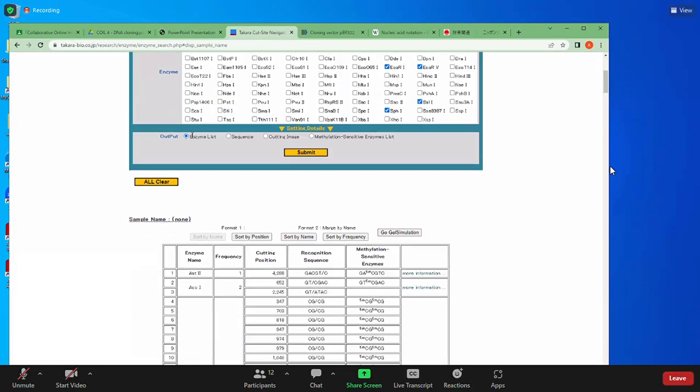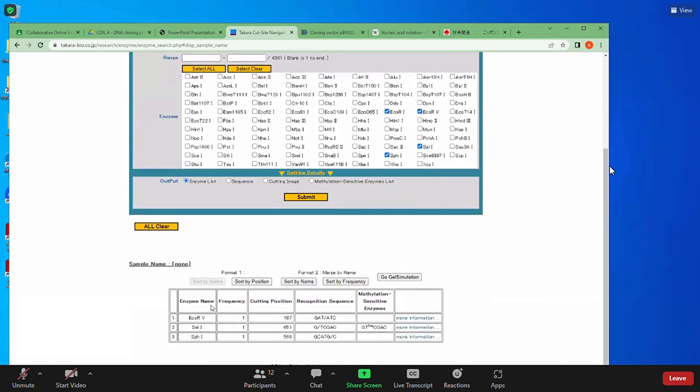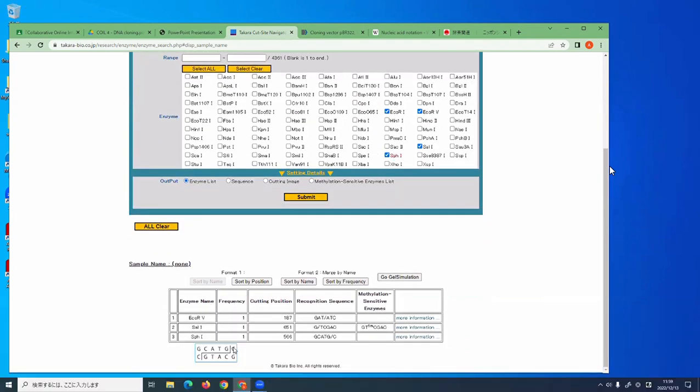And then you can click on the enzyme list. Now you can see there's EcoRV, SalI, SphI. There's frequency, that is the number of locations for recognizing the restriction enzymes, and then the cutting positions are 187, 651, 566. So SphI comes first before SalI and then EcoRV.